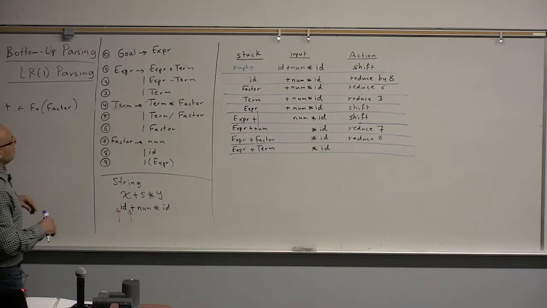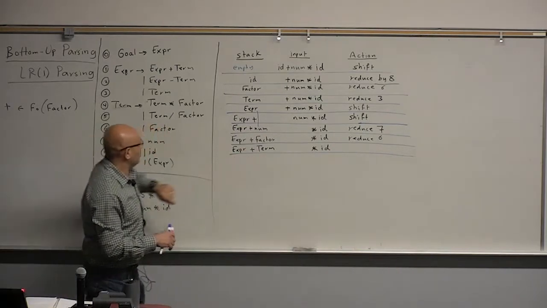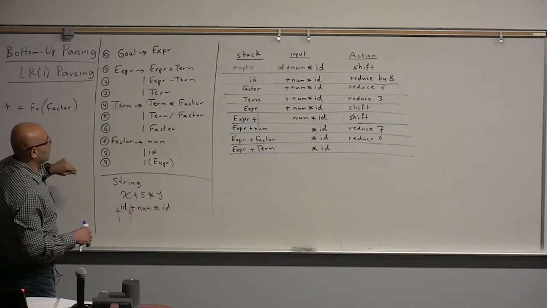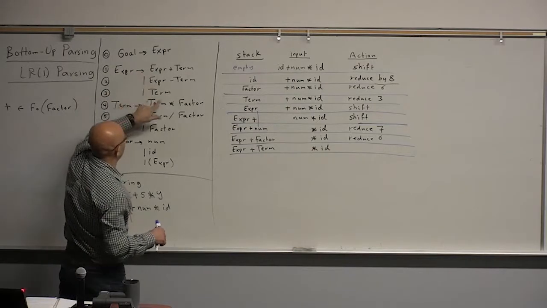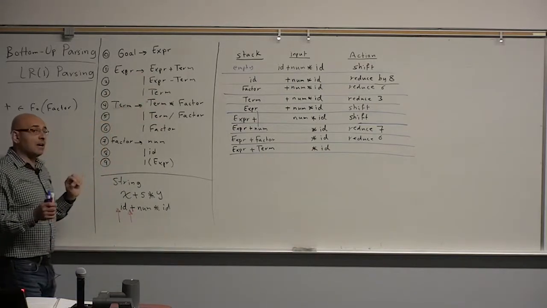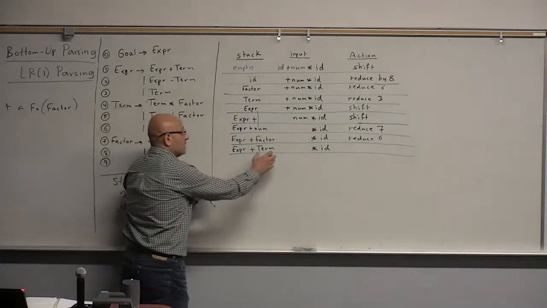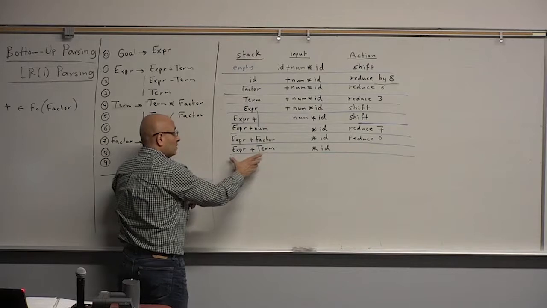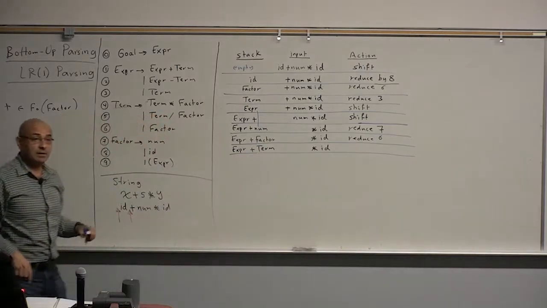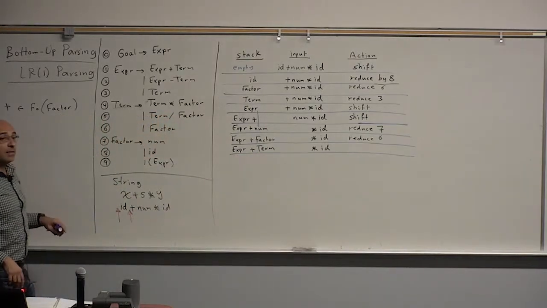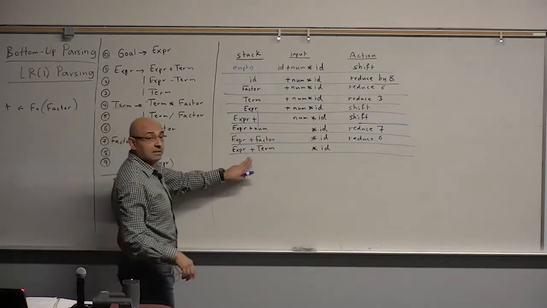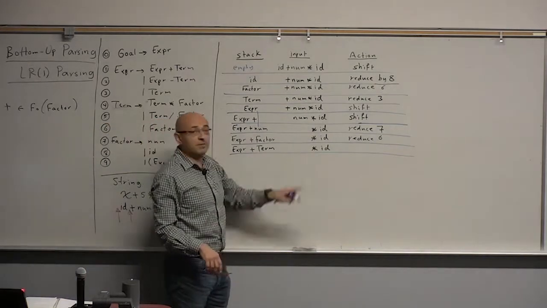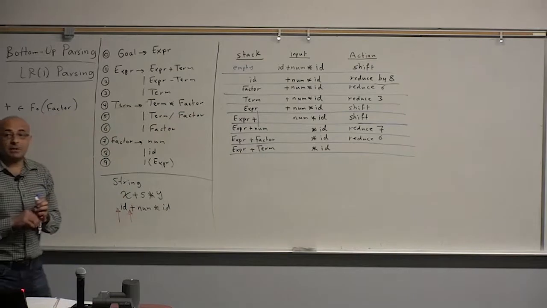In fact, I have expression plus term and I have term. So both of these are valid because I can choose to substitute expression for this term by itself or substitute expression for the whole thing. And in both cases, I will end up with an expression, but an expression cannot be followed by a multiply.